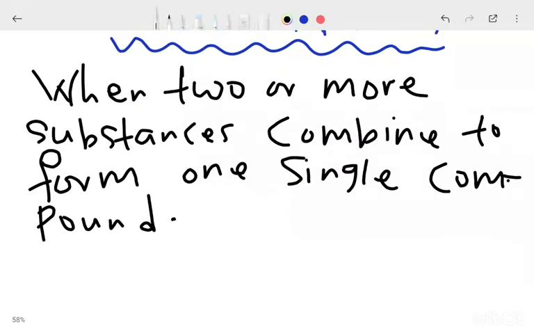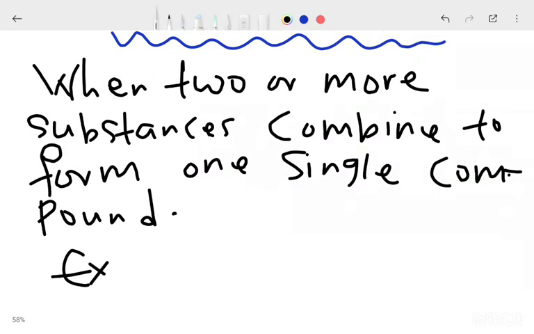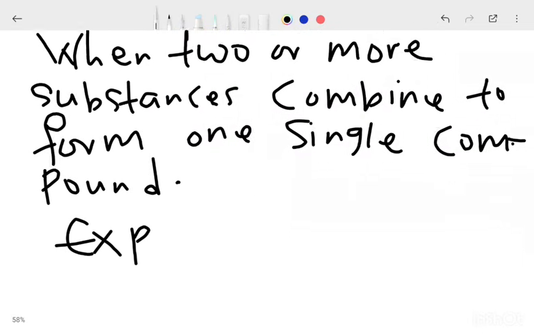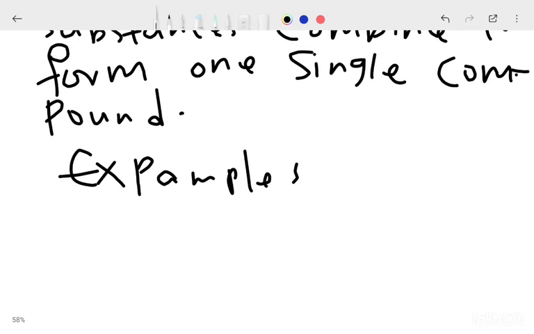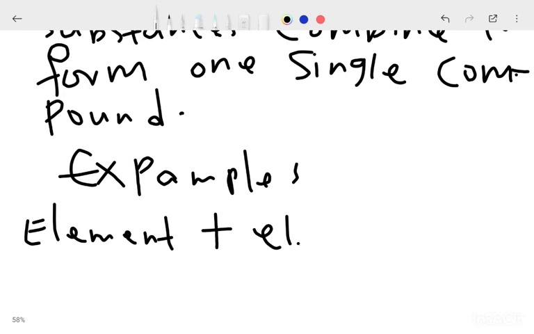Are you getting it? So let's give examples. It can be element plus element, isn't it?